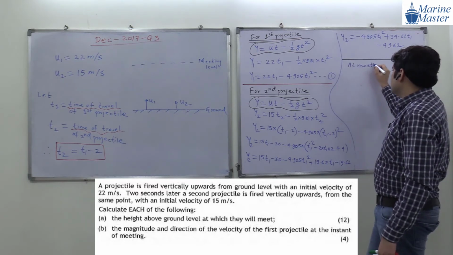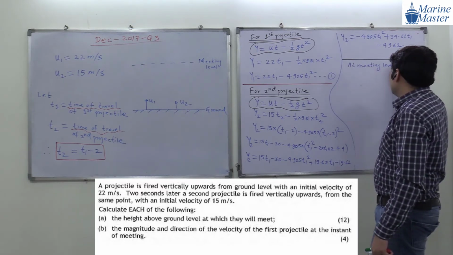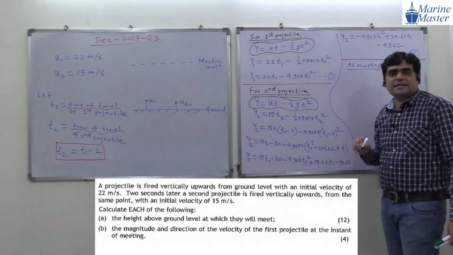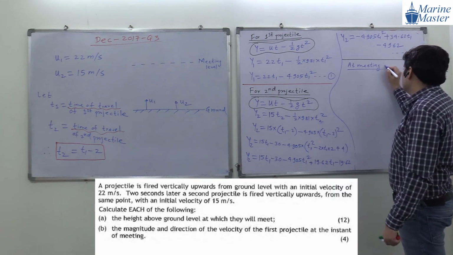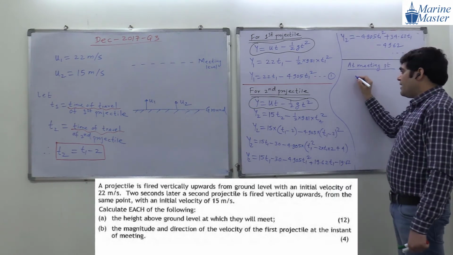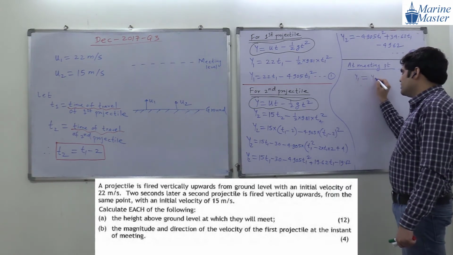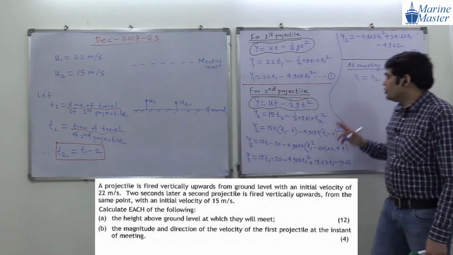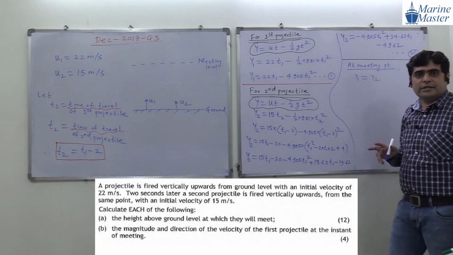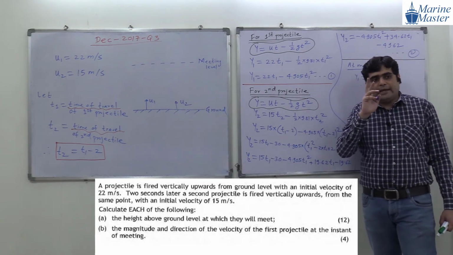At meeting level, what we can say? Or at meeting point, y1 is equal to what, guys? y2. y1 means vertical displacement of first projectile. y2 means vertical displacement of second projectile. Try to see the point here, everyone. Okay, guys, are you getting my point?